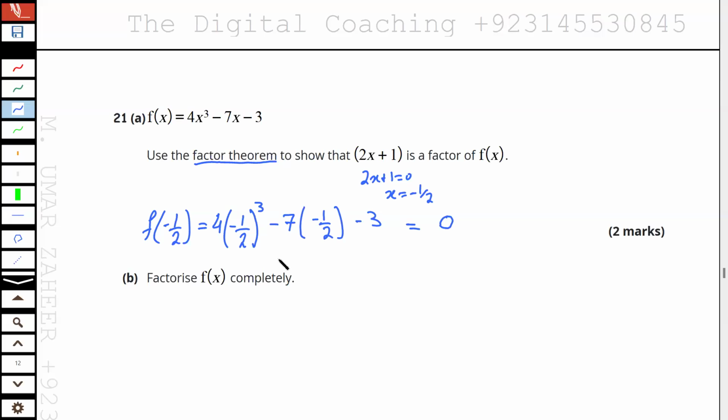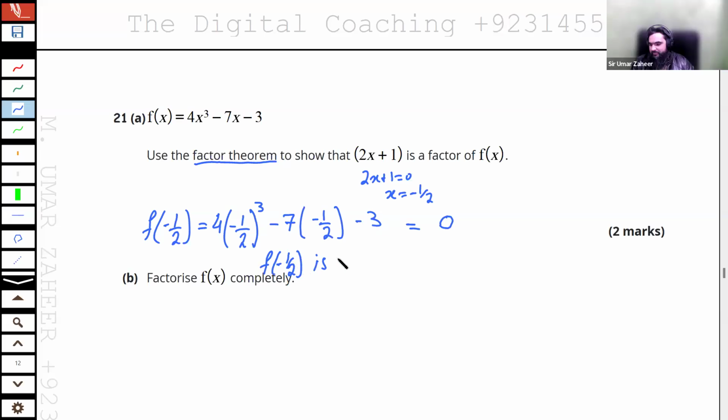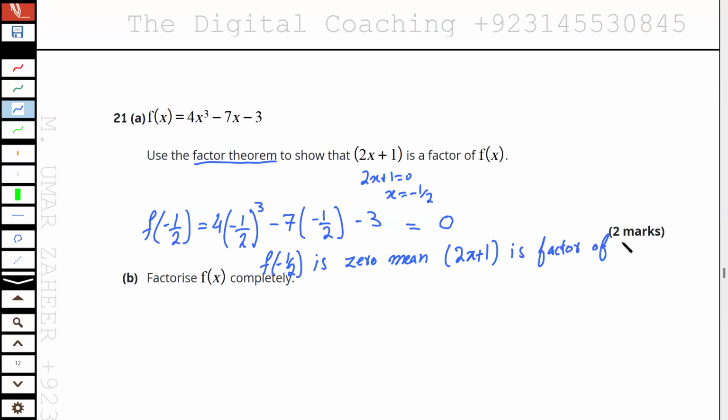One second, I'll check it. Yes, sir. 0. So f of minus 1 over 2 is 0, which means 2x plus 1 is a factor of f of x.